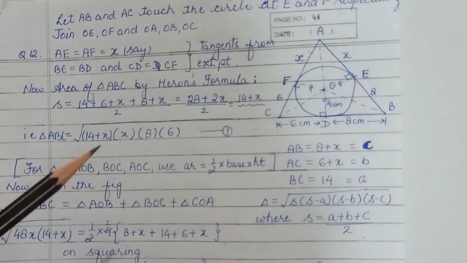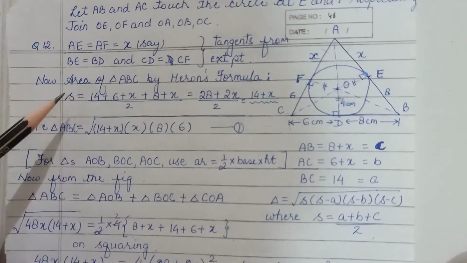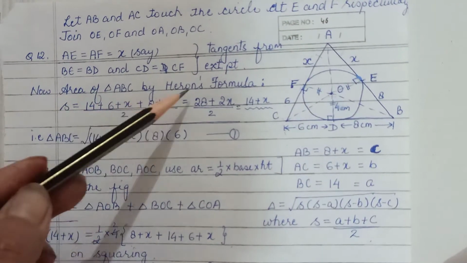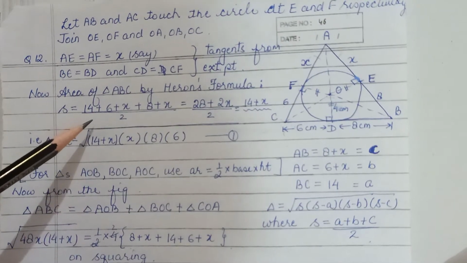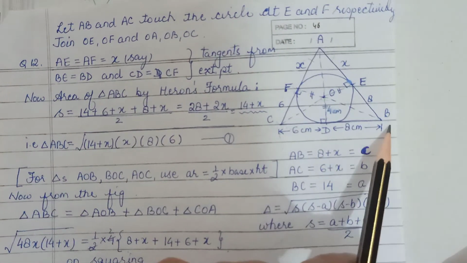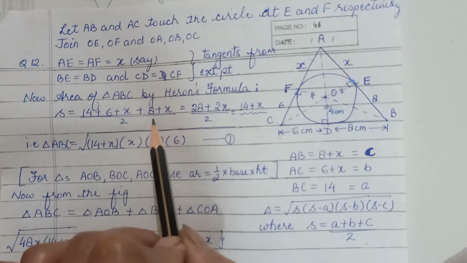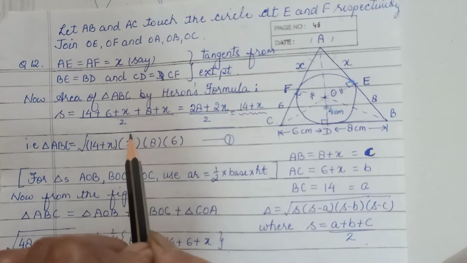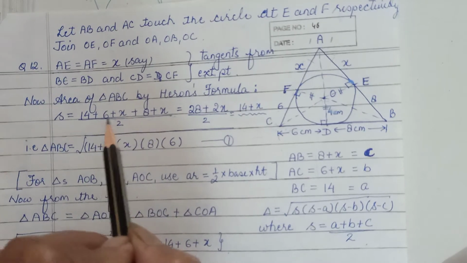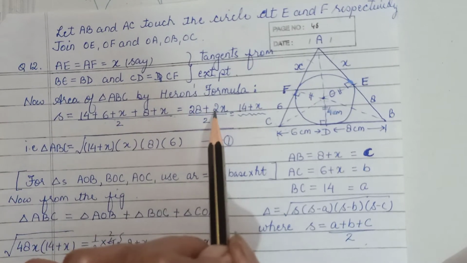Now we are going to find the area of triangle ABC by Heron's formula. For that we are evaluating S. One side of ours was 14, the other side is 6 plus X, and the third is 8 plus X, upon 2. So 6 plus 8 is again 14, 14 plus 14 is 28, X plus X is 2X, upon 2.